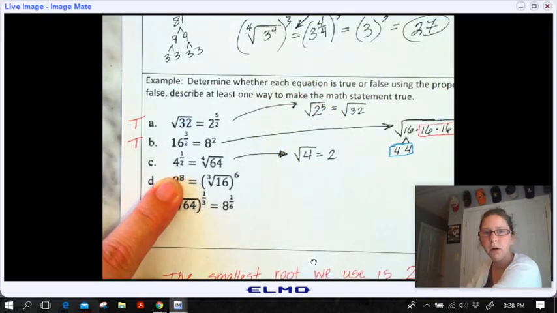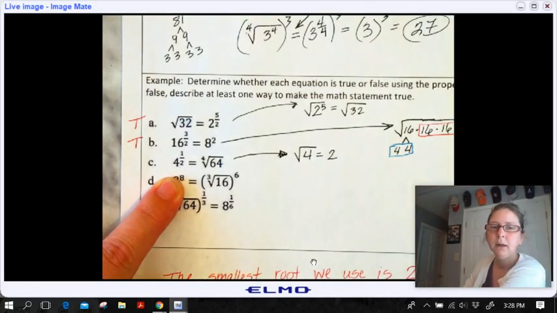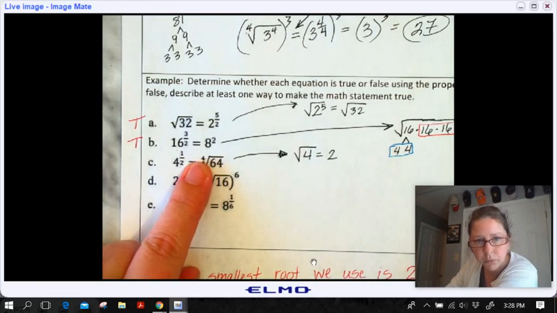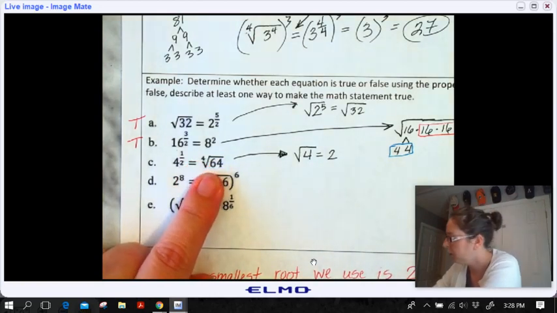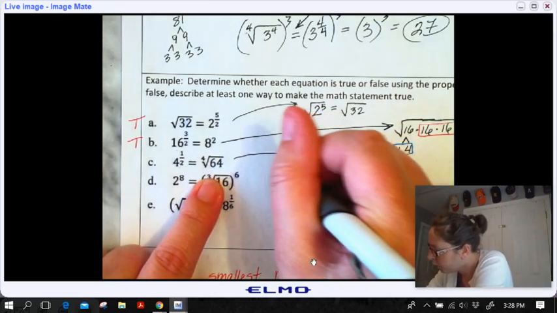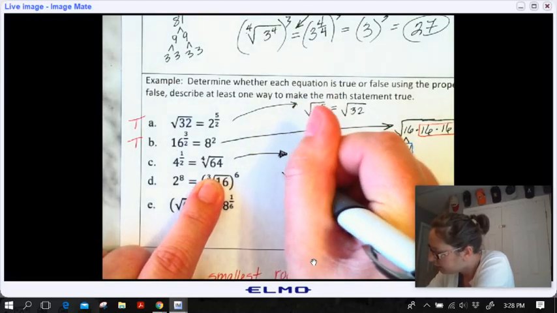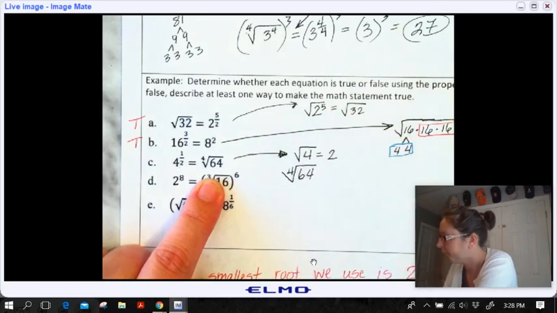The square root of 4 is 2. Now let's try to do this, the fourth root of 64.